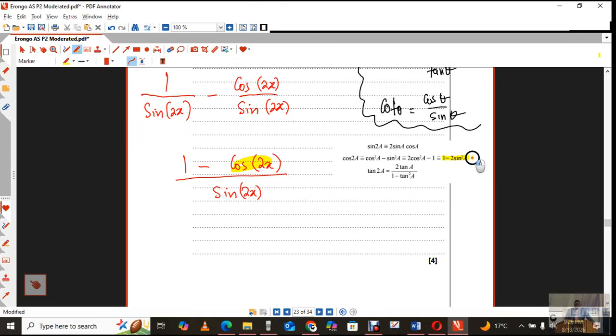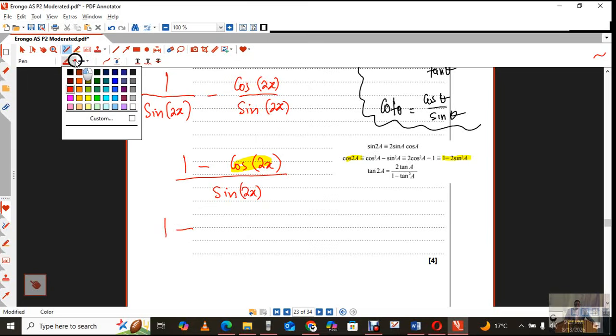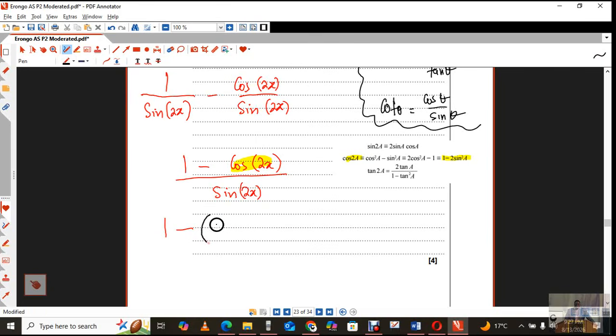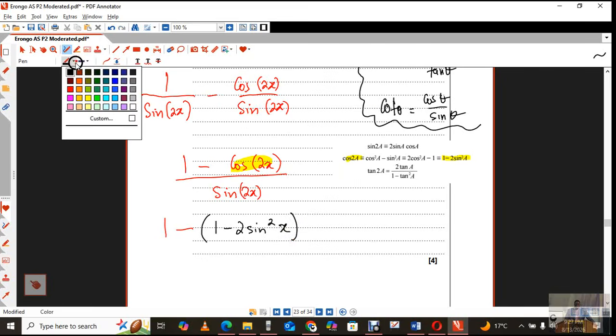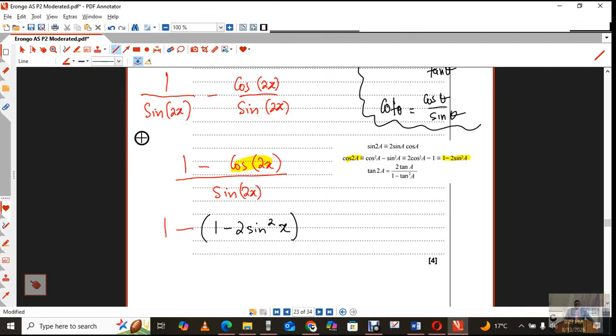So I'm going to choose this one. That's the same for the double angle. Good. So I have 1 minus, in brackets, 1 minus 2 sine squared x. No, but it's not x, it's a double angle, okay? Is it? No, sorry, my goodness gracious. It becomes x because of that. That's how you convert it. All of this, obviously, we're going to put over.